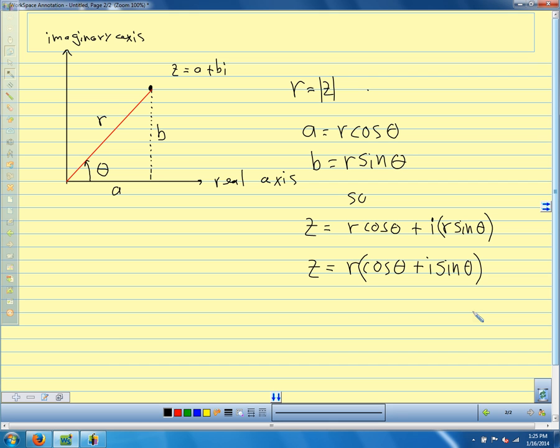So we can represent this number in terms of its absolute value and this angle from the positive real axis. We call this the trigonometric form of a complex number. And I'm going to write the trig for short.